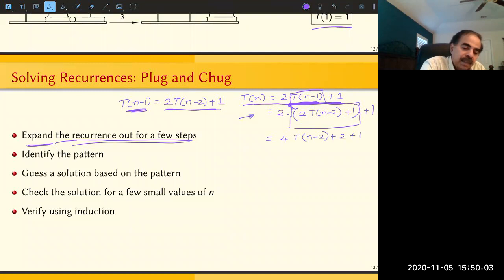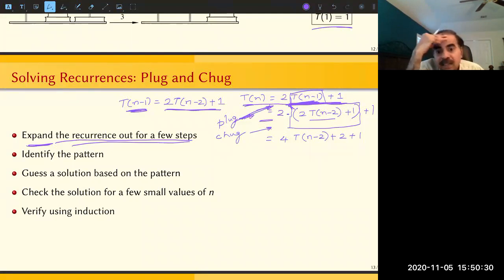Typically this step is called plug, because you are essentially substituting T of n minus 1. To go from the first step to the second step, you are plugging in the definition of T. Then to go from the second step to the third step, you are doing some algebraic simplification, and that's called chug.